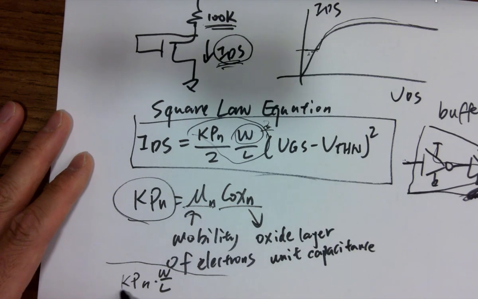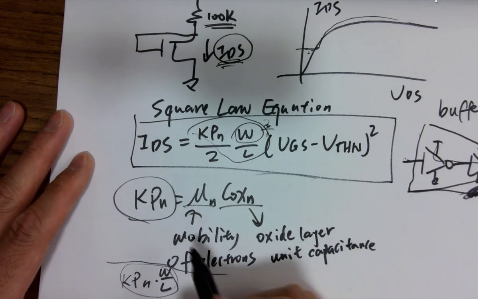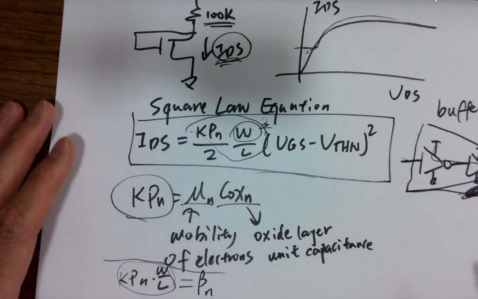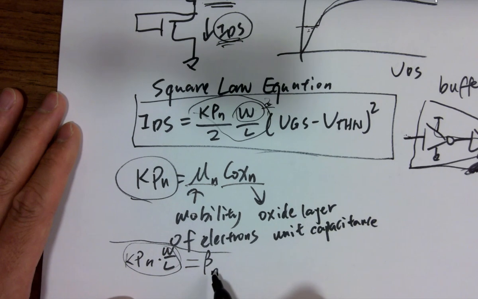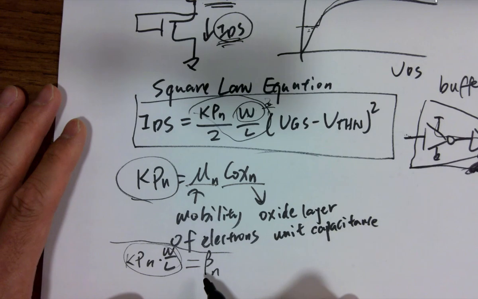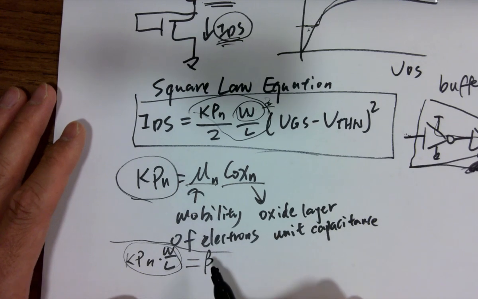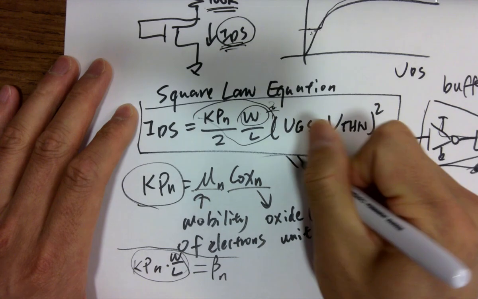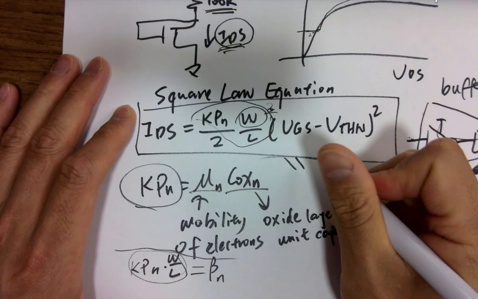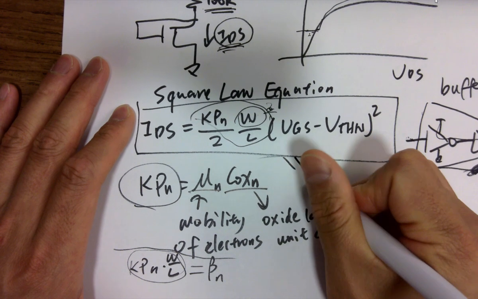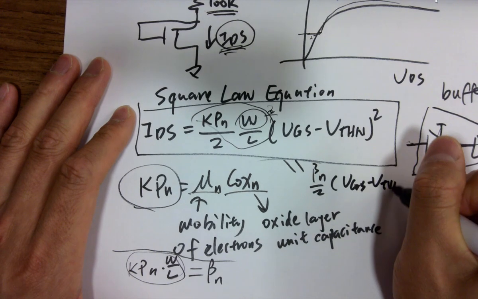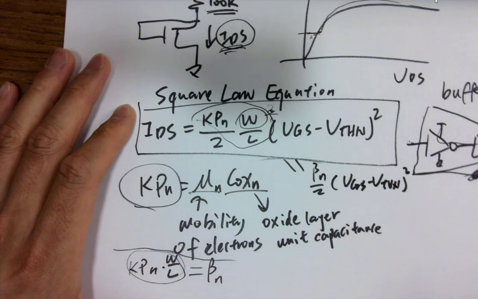If we put all these three parameters together, we have another one called beta, and for the NMOS it's beta N. You'll see this a lot in the textbook. So this equation can be written, just to shorten it, as beta N over 2 times (VGS minus VTHN) squared.